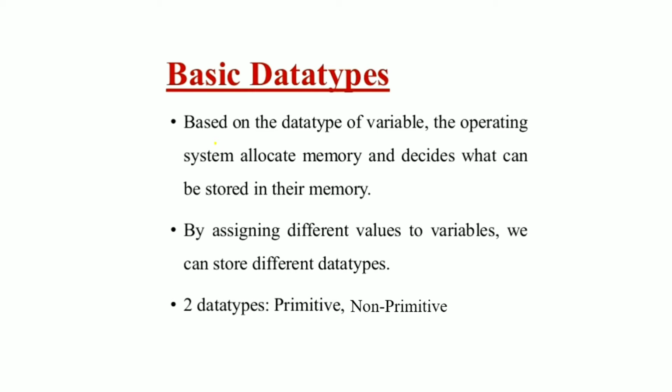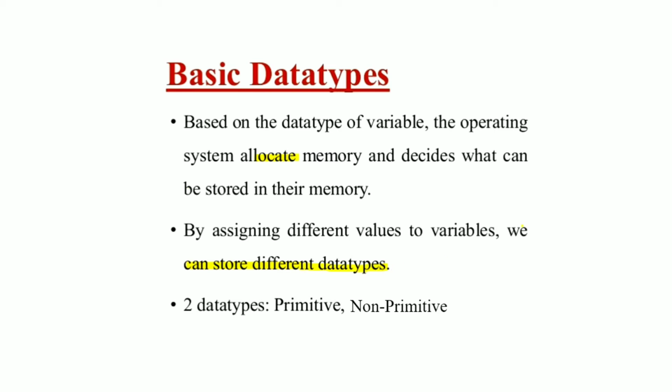Now, based on the data type of the variable, the operating system allocates memory and decides what can be stored in that memory. By assigning different values to variables, we can also store different data types.